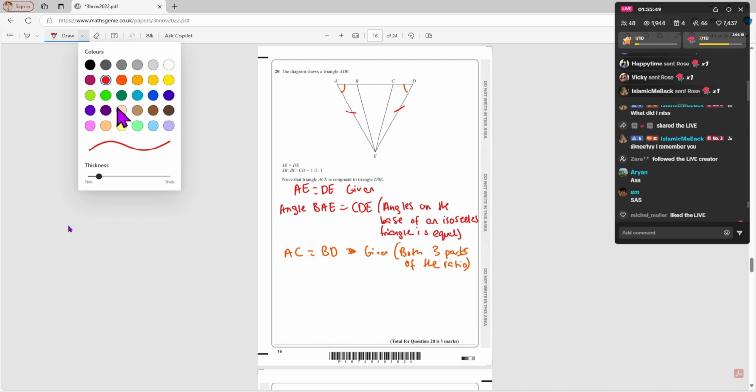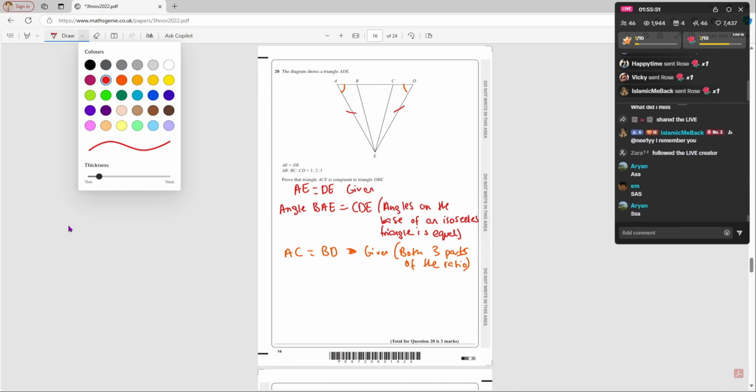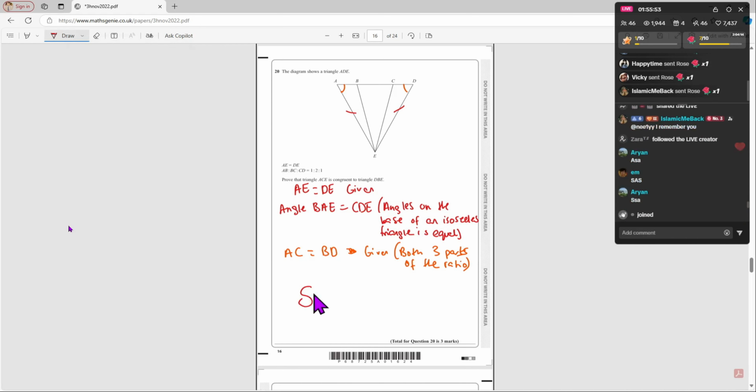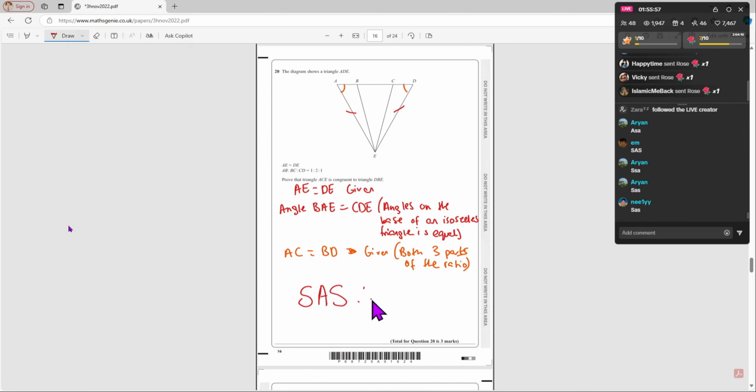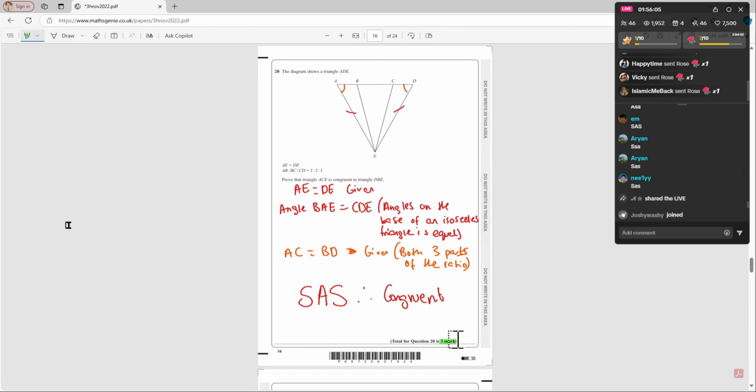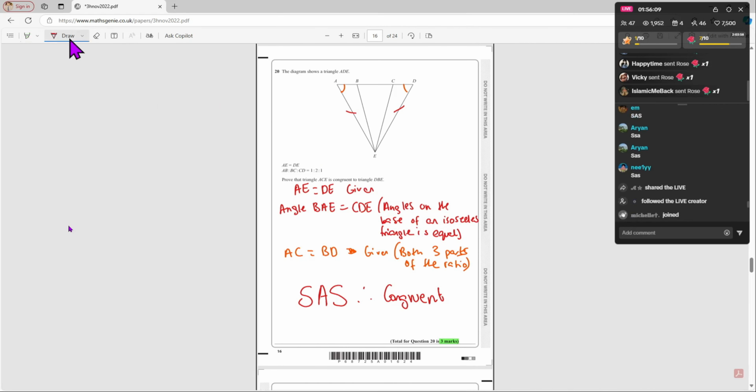Yes, it's going to be SAS. Well done. Remember, S, A, and S. Therefore, it is congruent. This question was worth 3 marks. Well done.